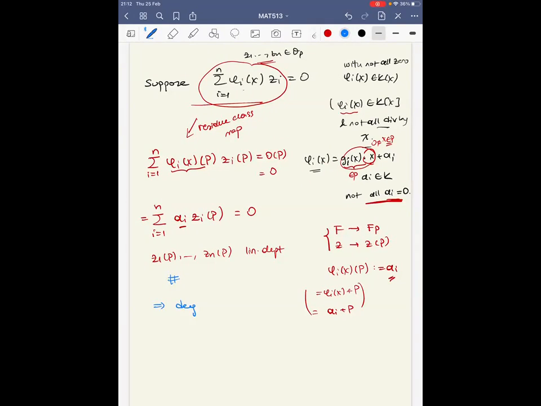Hence, the degree of P is bounded above by the extension degree of F over K(x). So this is all I want to say, and see you at the next lecture. Bye-bye.